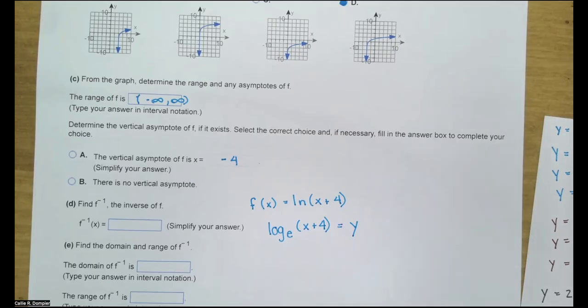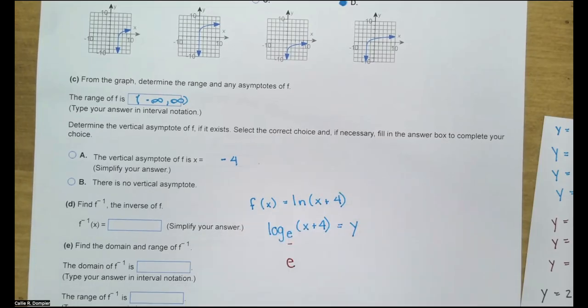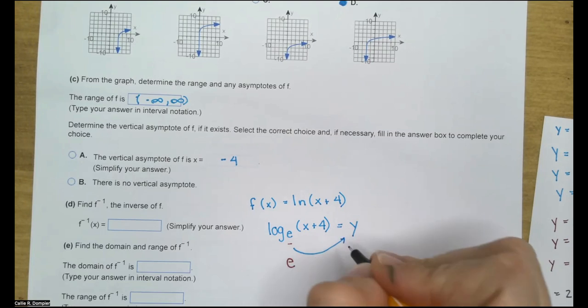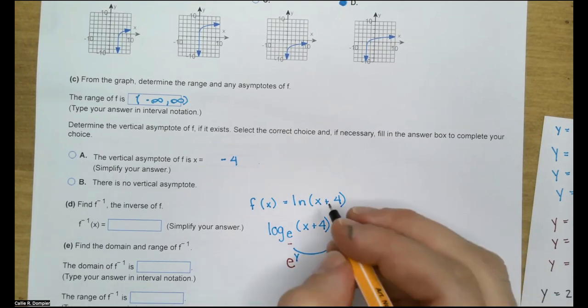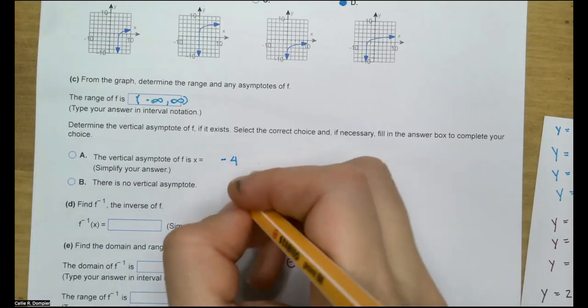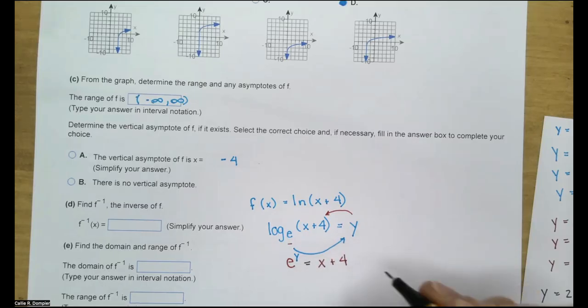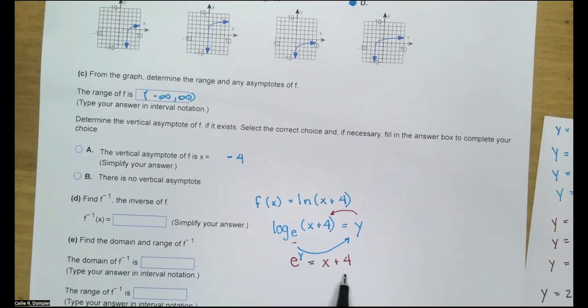And then we do our switch. So we start with e, go over here. So e to the power of y is equal to x plus 4. So that's our original function, right? E to the power of y is equal to x plus 4.